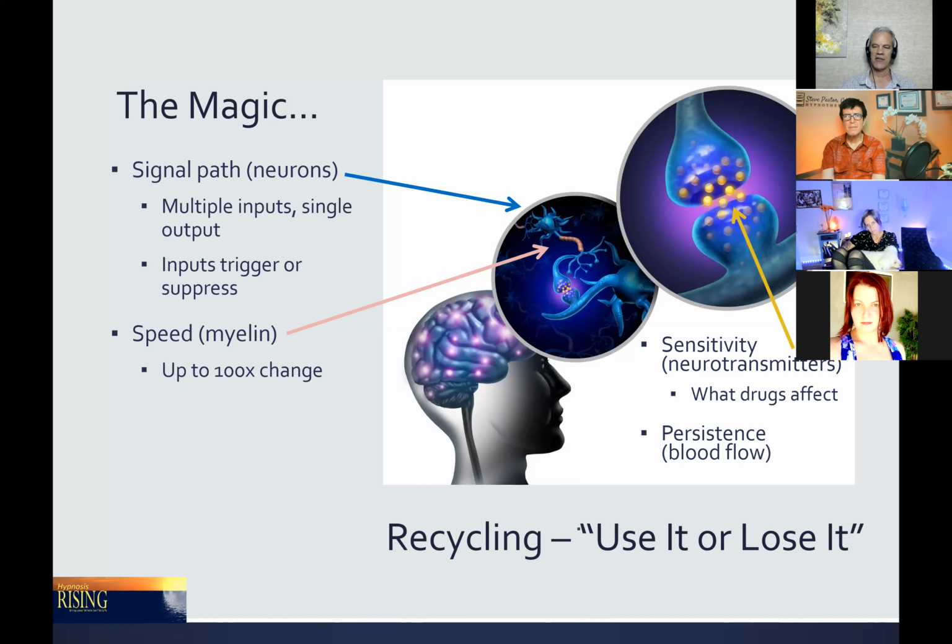And then there's persistence, which is blood flow. Does the part of the brain that's operating get enough energy, and does it get enough waste removed or not? The thing that's important about this is that in order for our brains to adapt as rapidly as they do, they recycle.